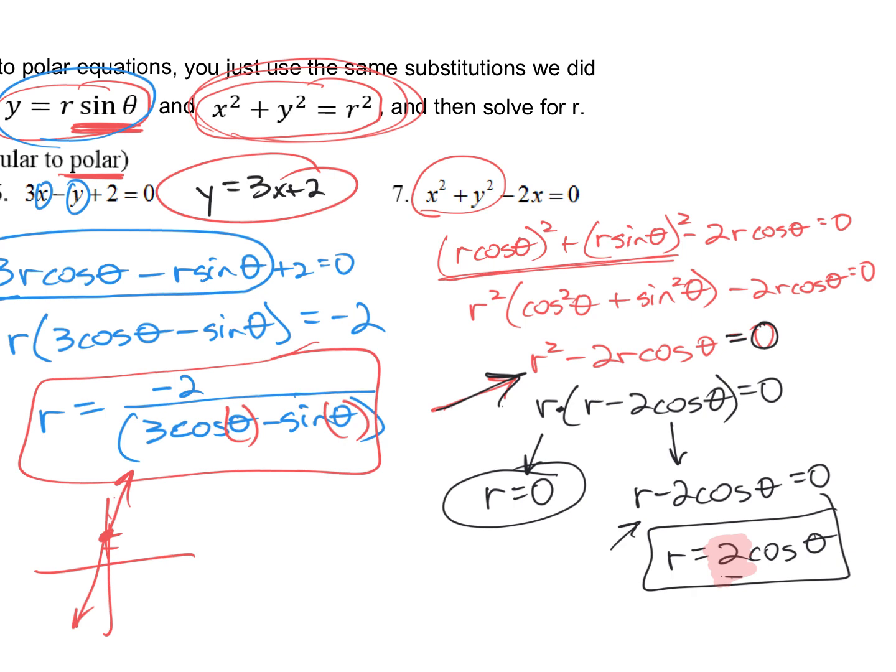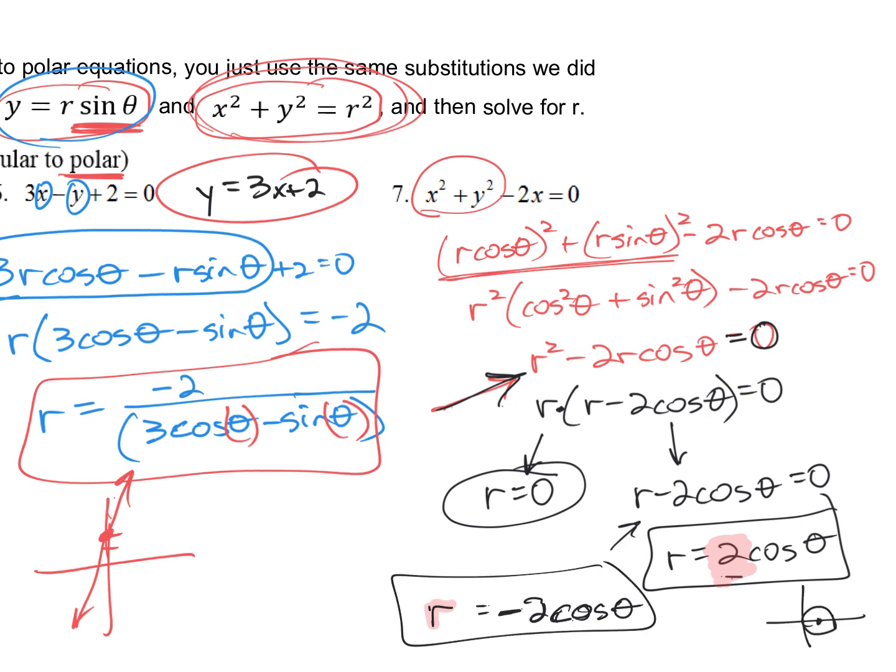What do you think would happen if you put in, say, r equals negative 2 cosine of theta? Try that. What's it do? This one over here had a 2 there: a circle with radius 1, centered at 1, 0.